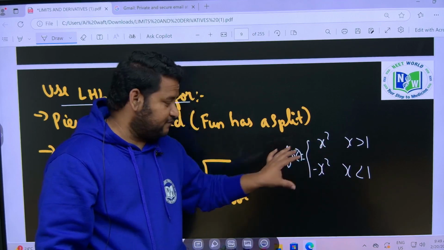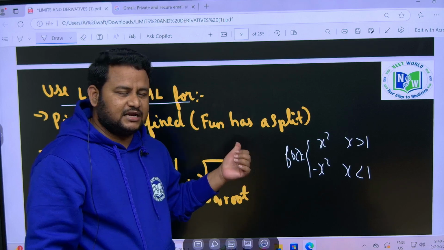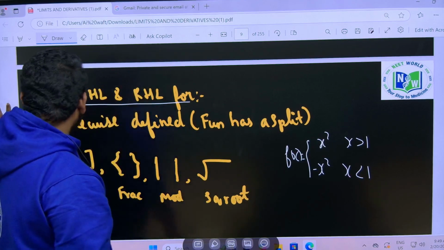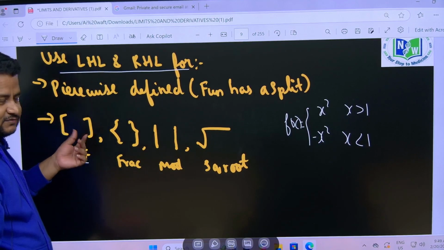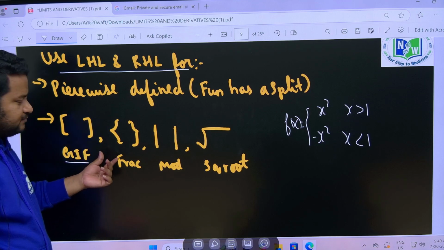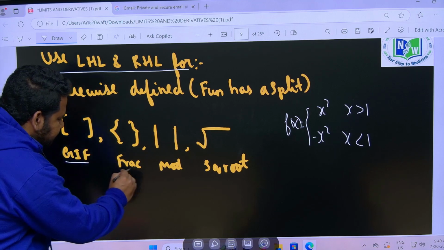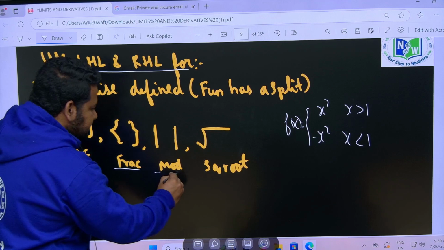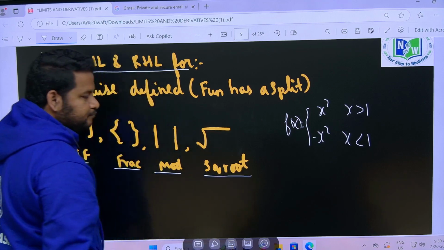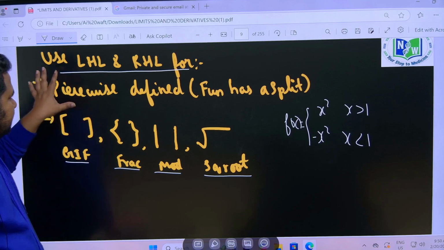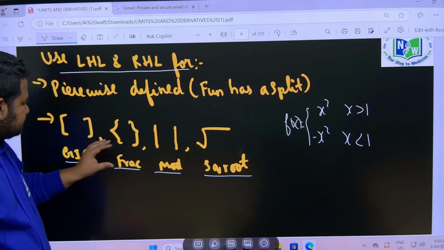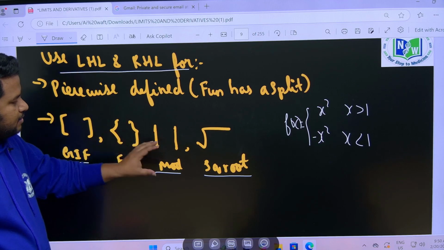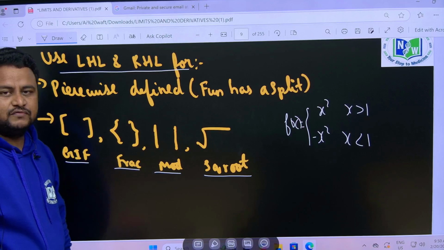For such piecewise defined questions, the function has a split. For these you can use LHL and RHL, and you can also use them for the greatest integer function, fraction, modulus function, and also for square root. So LHL and RHL are used for piecewise defined functions, GIF, fraction, modulus and square root.